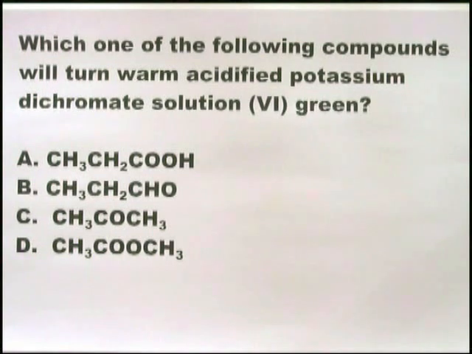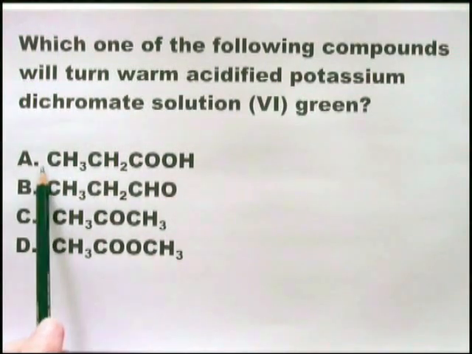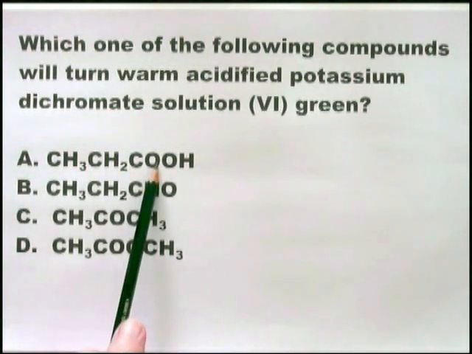This is another question where you're expected to know some basic chemistry, basic organic chemistry. And you must know a little bit about inorganic chemistry in the sense that acidified potassium dichromate solution, if it turns green, it is therefore oxidized something. So, what can it oxidize? You look at the first one, there's no way it can oxidize an acid.